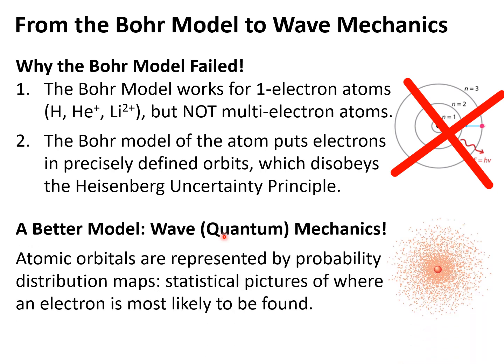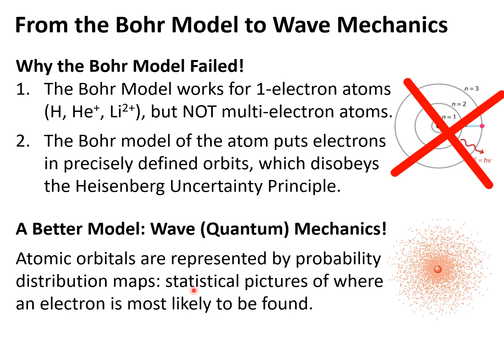A better model is the quantum mechanical model of the atom. In quantum mechanics, an electron is represented as a wave, and therefore the atomic orbitals are represented by probability distribution maps, as we see here, where the higher density of the dots represents a higher probability of finding an electron in that position.